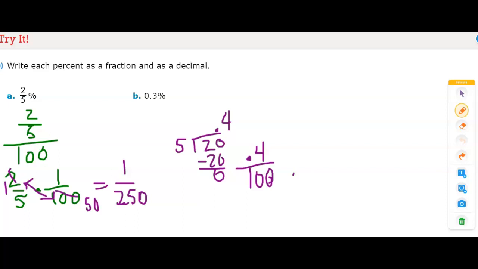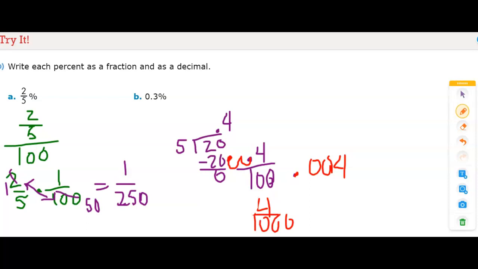As I mentioned before, if you have a decimal as your percentage, you can move the decimal over 2 spaces. And now your decimal percent as a decimal will be that number. So we have 4,000. So you can write that as a fraction just because there, that'll be 4 thousandths.